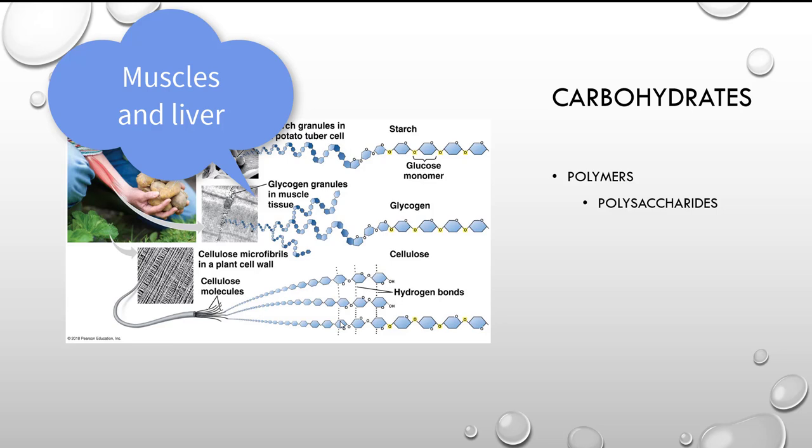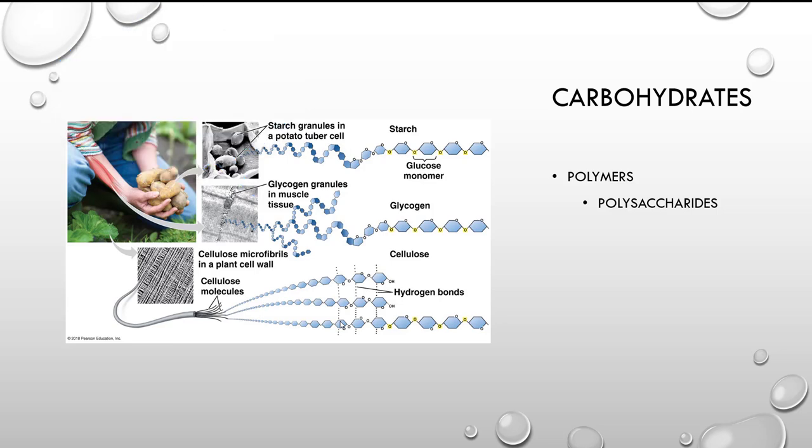Muscle cells, as well as the liver, are good at storing glucose as the polysaccharide glycogen.